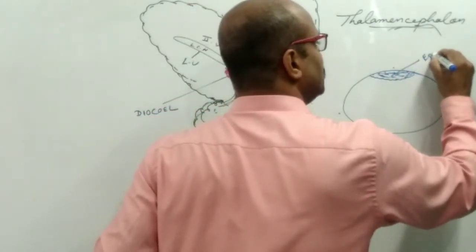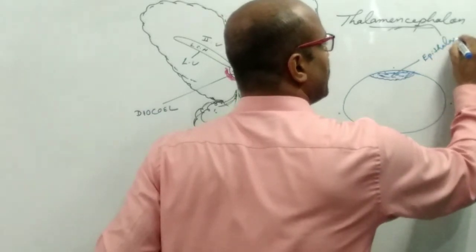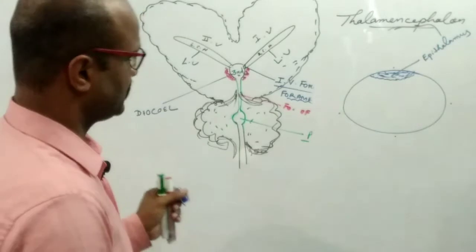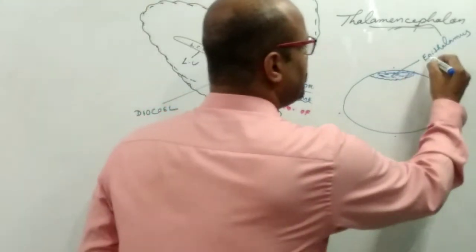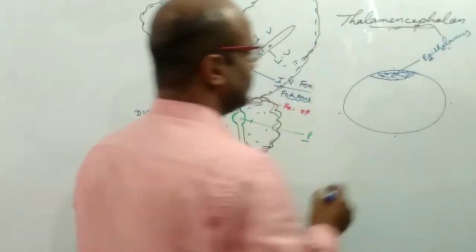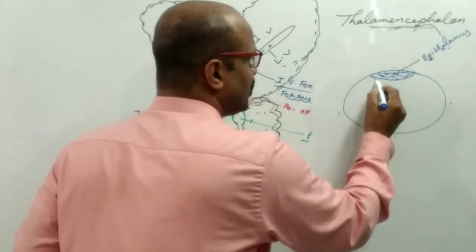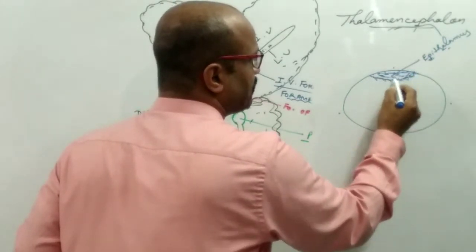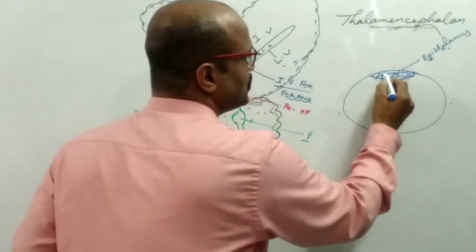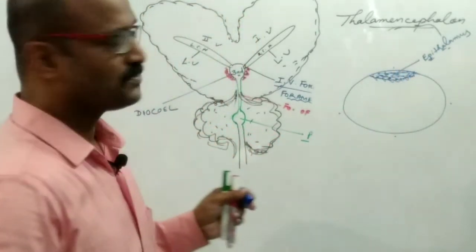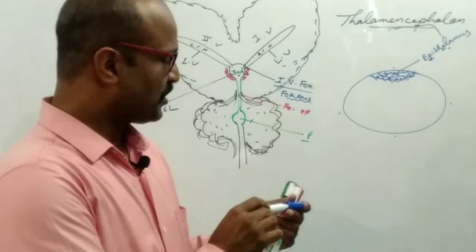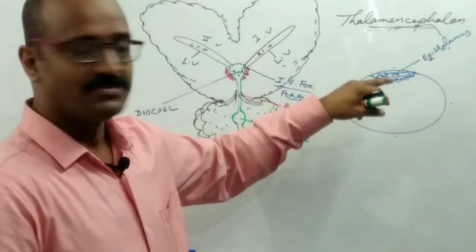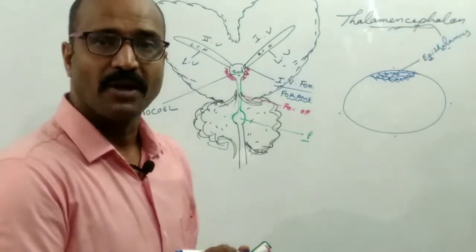This is known as the epithalamus. Such epithalamus has a finger-like projection which contains more blood vessels, because of the fusion of the pia mater, and which forms the anterior choroid plexus.